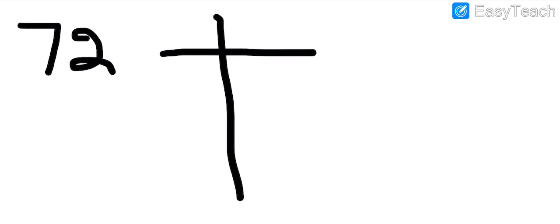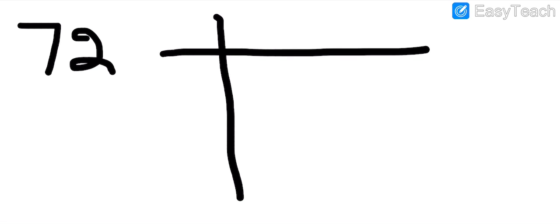Question number 2, it's 72. So I need to find the prime factorization of this number. How will I do it? Simple thing, the way we normally take LCM most of the time.